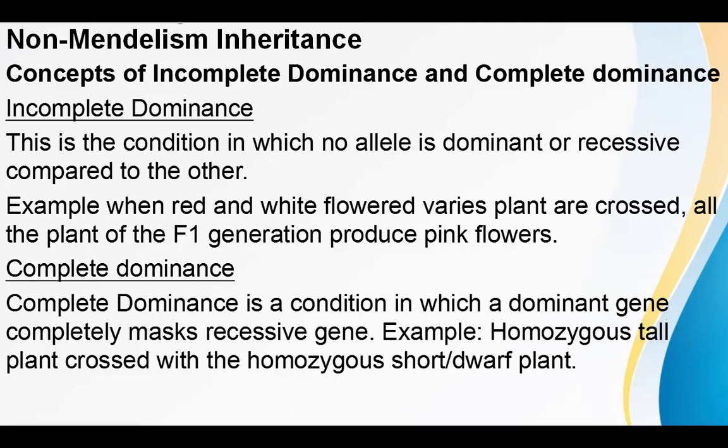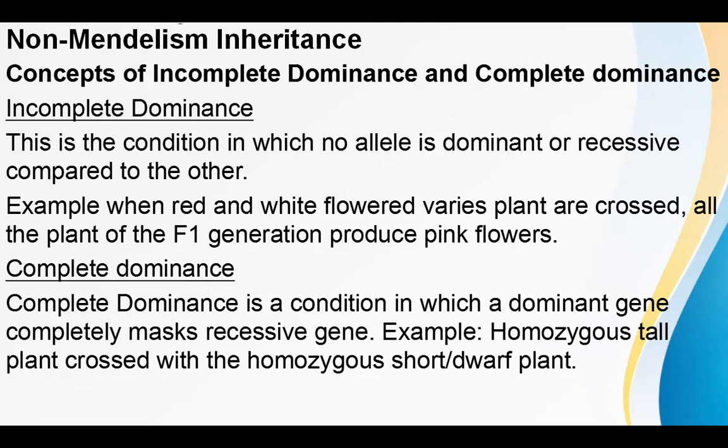This is the condition in which no allele is dominant or recessive compared to the other. So basically, no allele is displayed physically by itself. For example, when red and white flowered plants are crossed, all the plants of the first filial generation produce pink flowers.